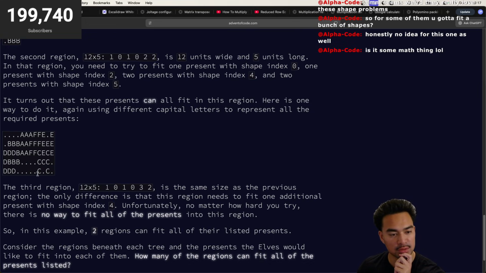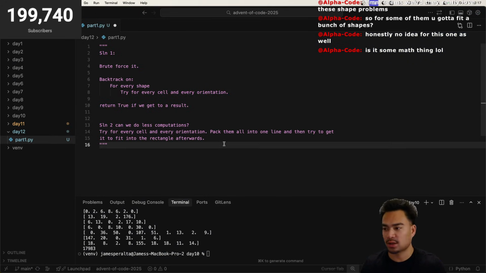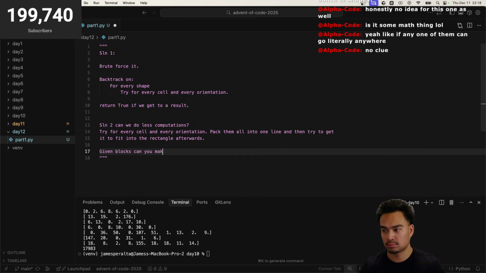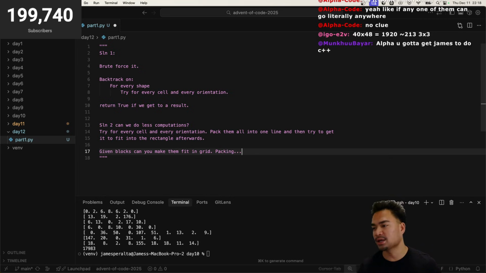It's so weird. Yeah, I literally can't figure it out. I guess the question is pretty much asking, given X blocks, it's like a packing problem.